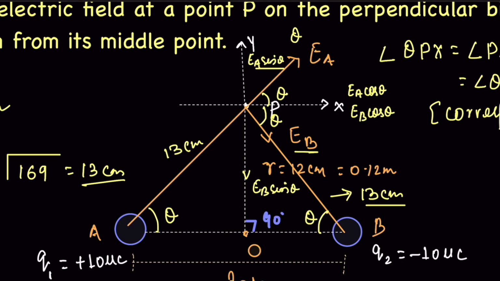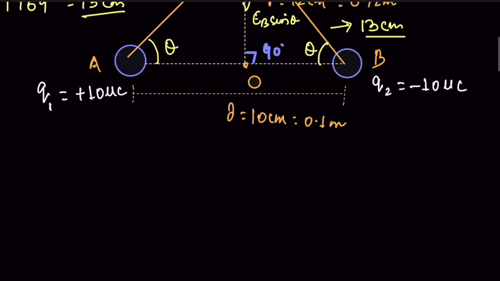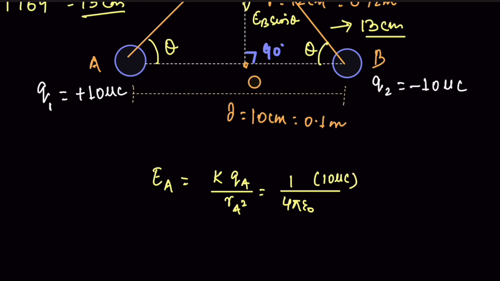Now if we find the values of EA and EB, then we can relate them. EA is equal to the electric field of a point charge, K QA by RA square, where K is equal to 1 by 4 pi epsilon naught. The charge is 10 microcoulomb and the distance is 13 centimeter, which can be written in meters, whole square.